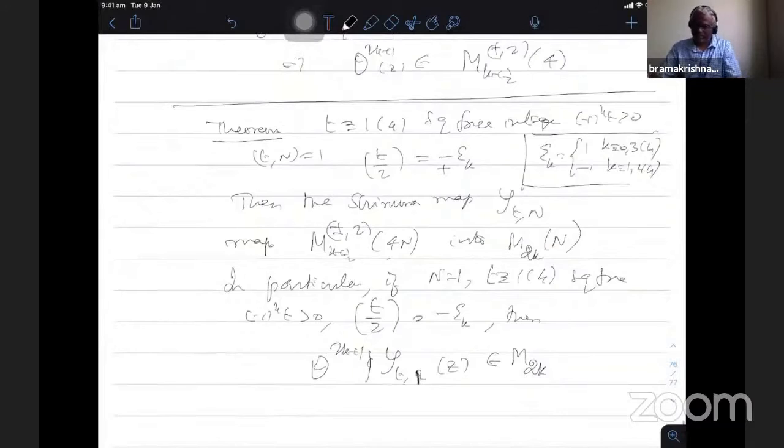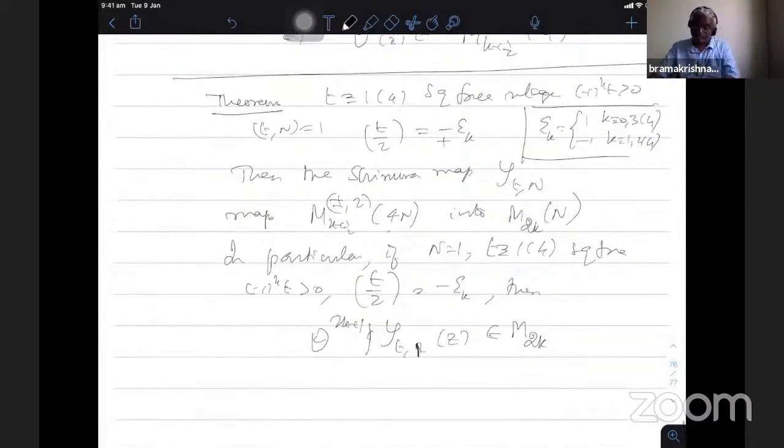Okay, so when I take the t-th Shimura map for this particular t satisfying this condition, depending on the parity of k, this theta^{2k+1} is mapped to the modular forms on the full modular group.